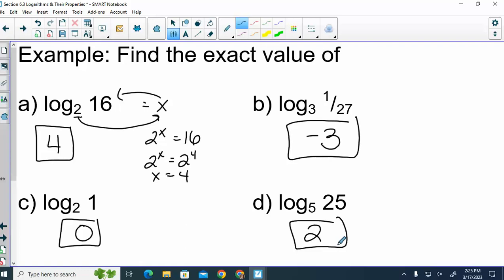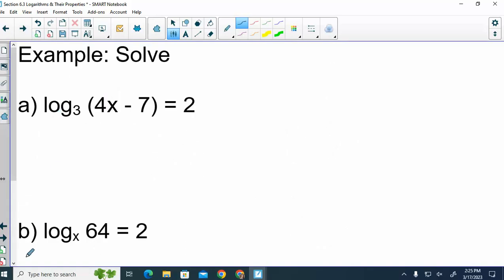All right. So let's solve for other parts in these equations. If I ask you to solve log base 3 of 4x minus 7 equals 2, start with the base. So it'd be 3 squared equals 4x minus 7. 3 squared is 9.